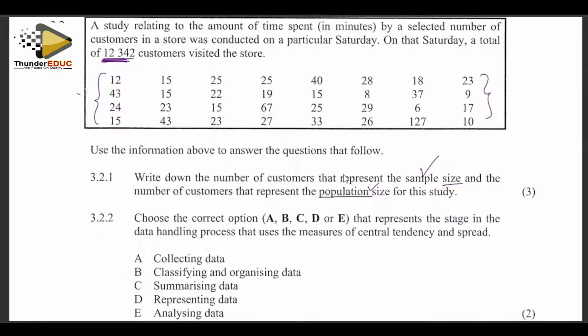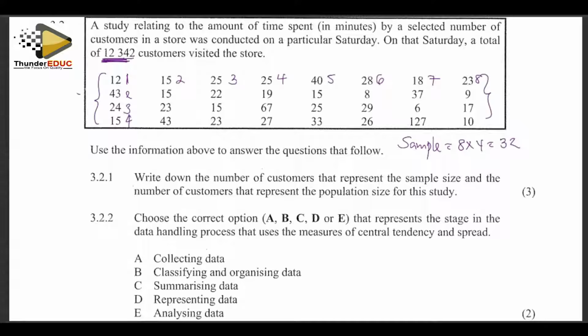So sample, we calculate, how many were these? We have 1, 2, 3, 4. Still, we have 1, 2, 3, 4, 5, 6, 7, 8. So here we shall say the sample size is 8 by 4, which is what? 32.